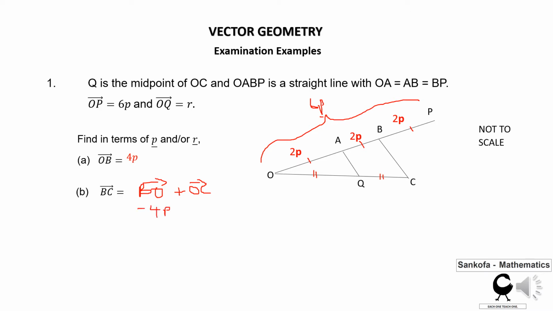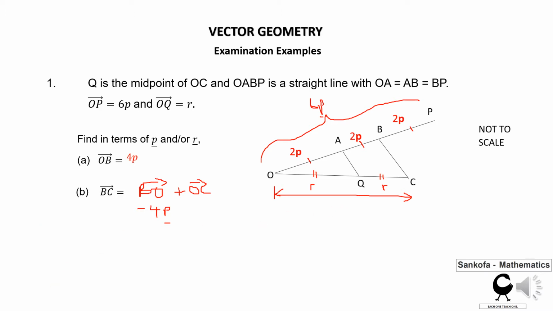And OC, they're telling us that O all the way up to C has to be, remember, we have OQ is r, so OC will be the whole one from here all the way up to here, which is 2r. That's r plus another r. So we need to find then plus 2r.